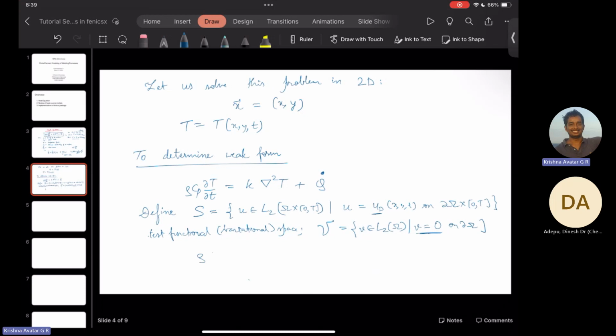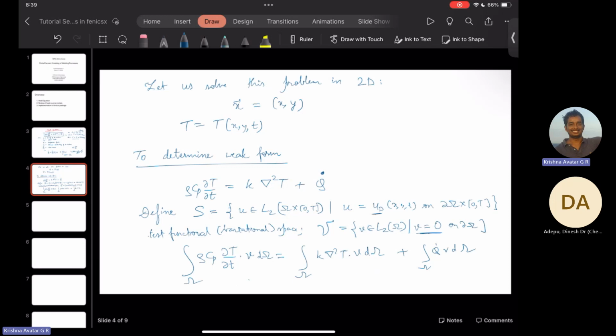So then our process would have been to say del by del t, multiplied by some variation, let me take it to be some v, and then integrate it over the domain omega. It is equal to, on the right hand side too, kappa times the Laplacian of t, then v, plus likewise omega q dot v.